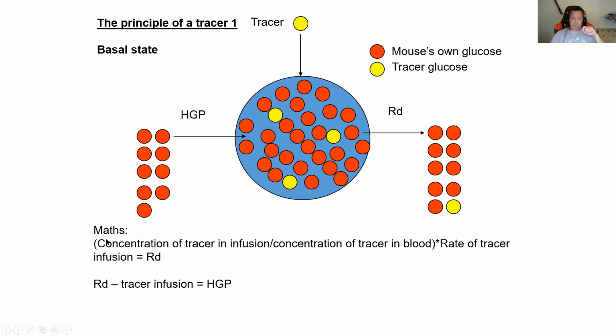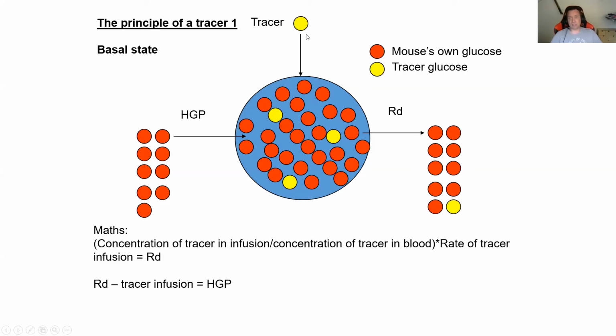In terms of the maths, what we look at is how much this tracer gets diluted, because the more it gets diluted, the bigger the HGP and the bigger the RD. So it's the concentration of tracer in the infusion divided by the concentration of tracer in the blood.